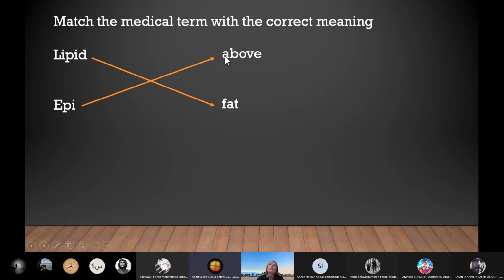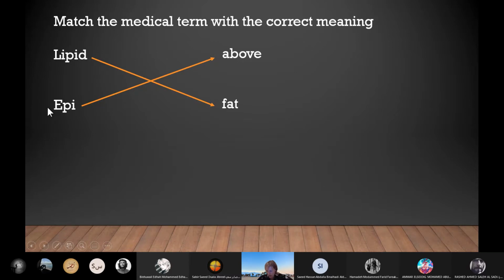Oh, epidemic. I don't know. Epidemiology is the study of disease in the population, so maybe it's looking at things in an overall or big view, above the whole population. I'm not sure what it means in epidemic.